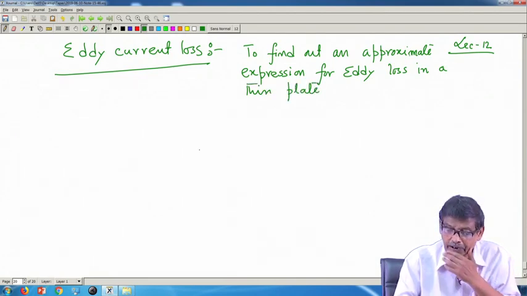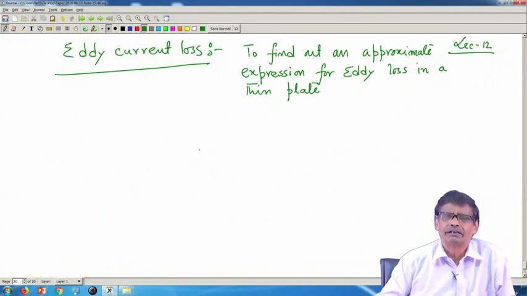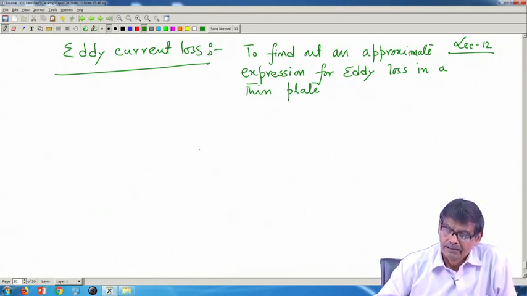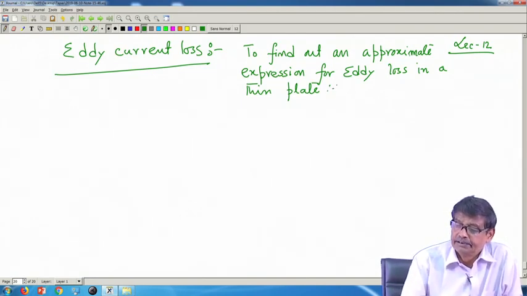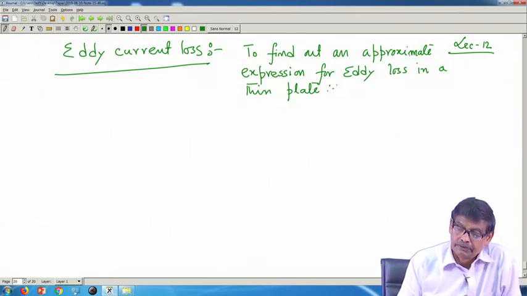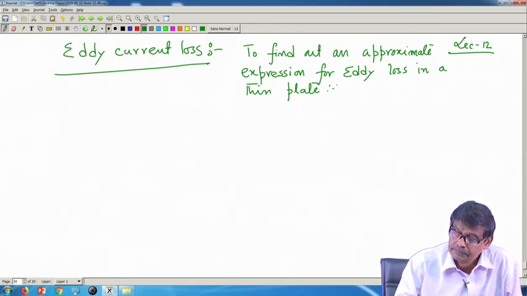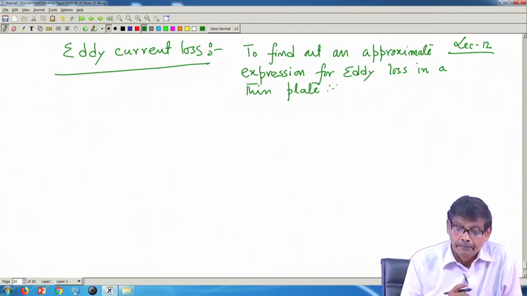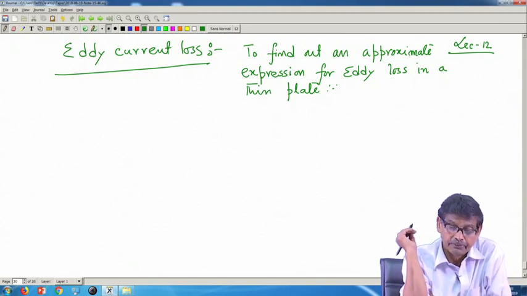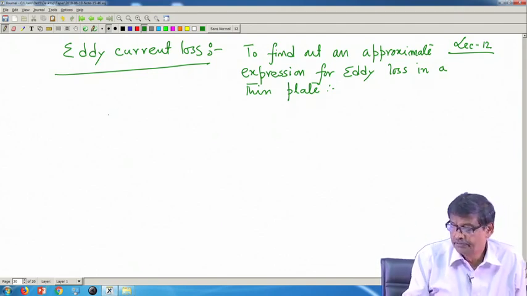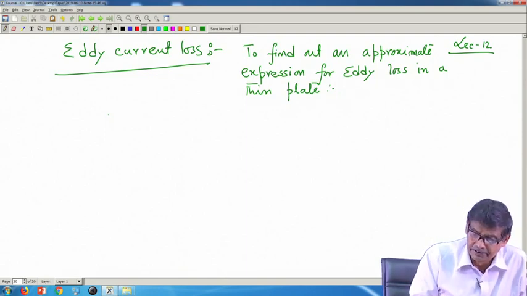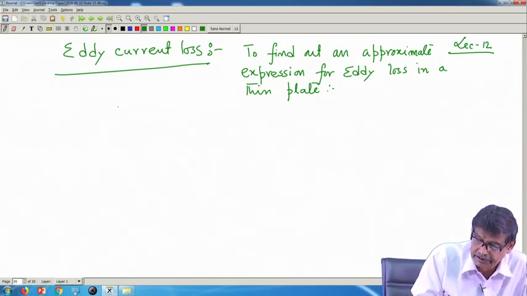So, if in one plate I can find out, for all other plates it will be the same. This is the thing I am trying to get. Acha. To do this, we have to do a little bit of mathematics, but that is very simple, no field equation, nothing.